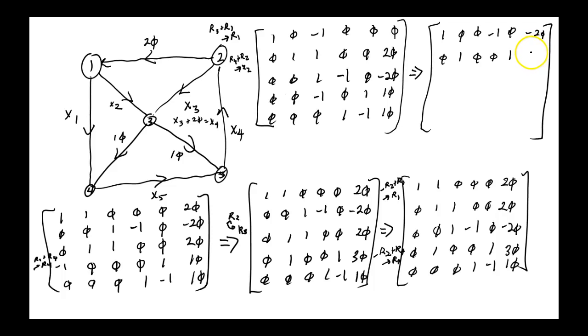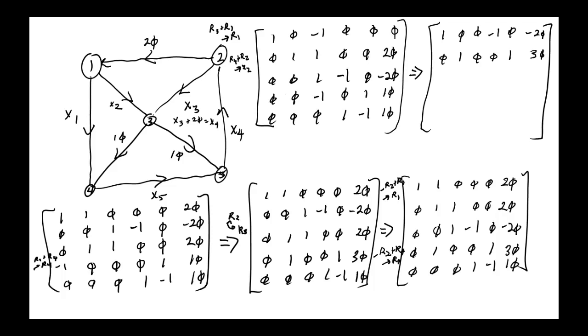So last column. 30. Perfect. Okay. Now, we're using row 3, so we just write it down. 0, 0, 1, minus 1, 0, negative 20. Okay.